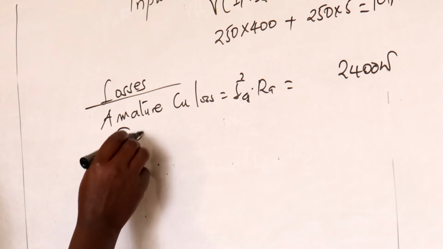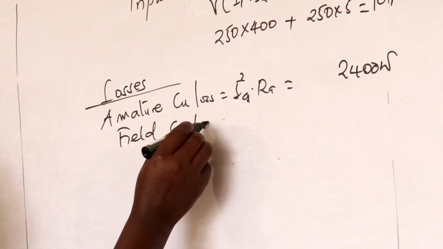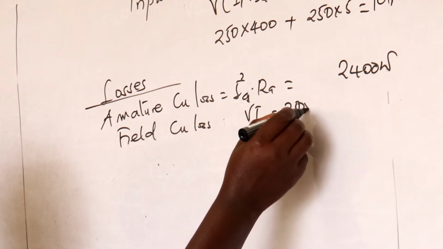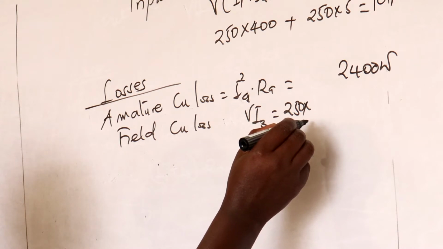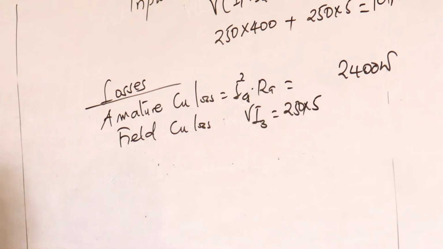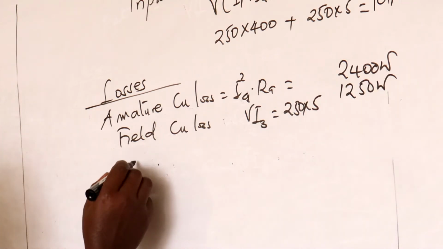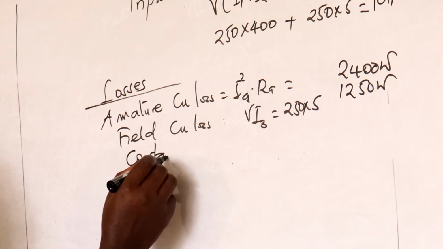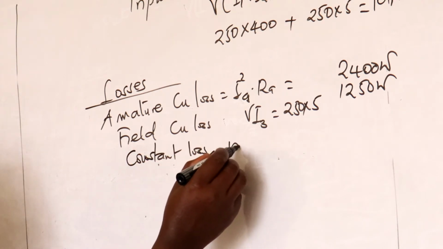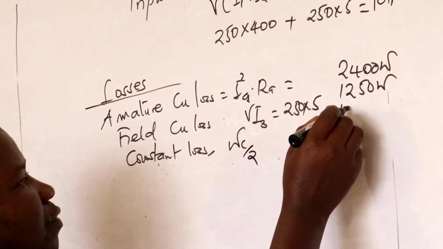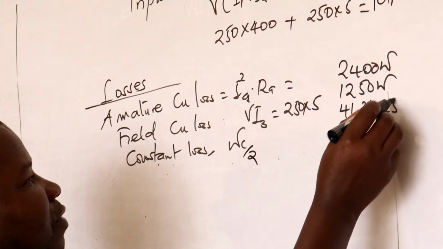Field copper loss, which is V I3, 250 times 5. What did you get? And then we have the constant loss, WC divided by 2, which was 4131.25.